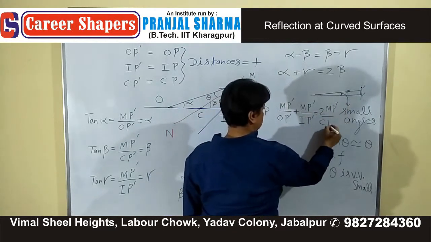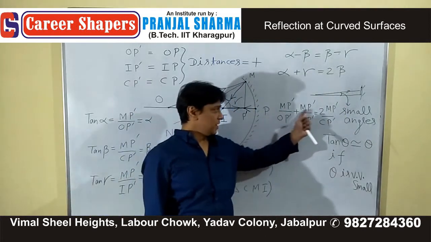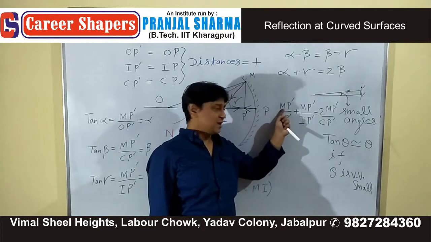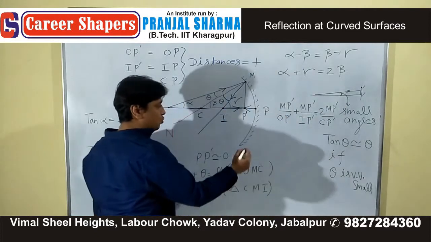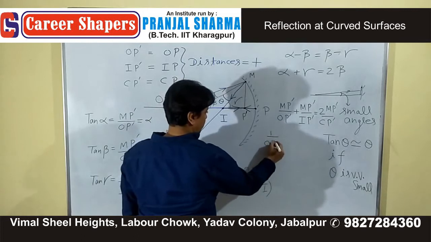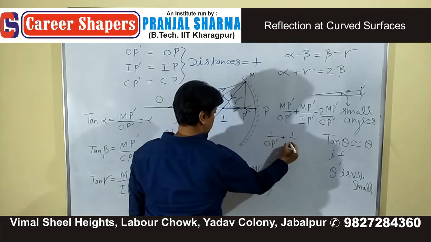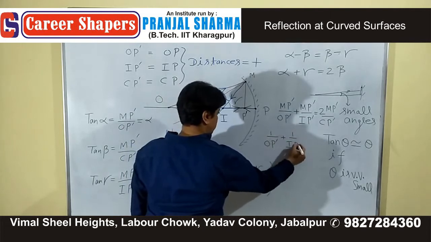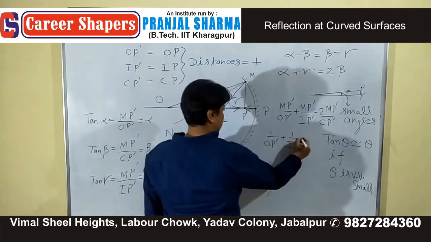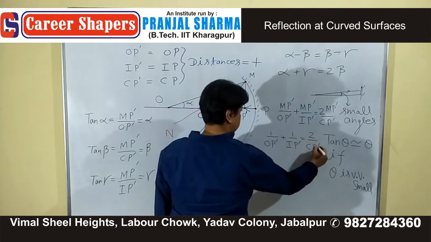From the numerators, you can always cancel MP dash, giving you 1 upon OP dash plus 1 upon IP dash, which is equal to 2 upon CP dash.